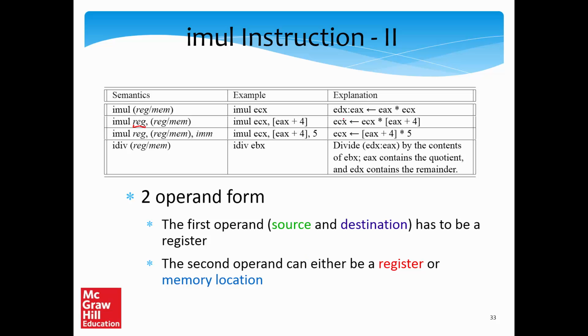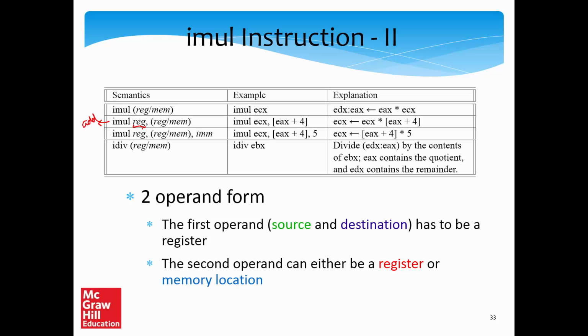In this case, we don't save a 64-bit product. Rather, we treat it as an absolutely regular instruction, similar to add and subtract and so on, right? We'll just set ECX as ECX times EAX plus 4. If there is an overflow, the overflow flag will be set, but we'll not save a 64-bit product.